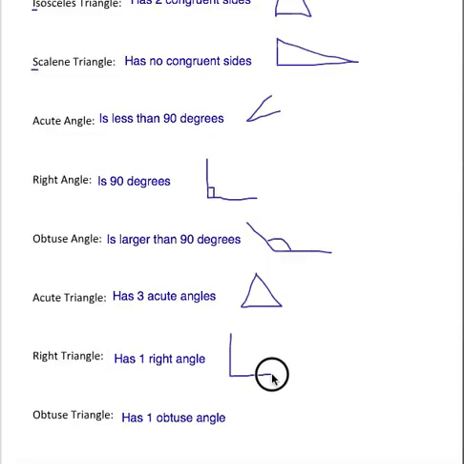So this would be an example of what one would look like. And sometimes, but not always, they would add the little box here to show you that is a right angle. And an obtuse triangle would be a triangle with one obtuse angle. As you can see, that angle is larger than 90 degrees. So those are the different types of triangles that can be found.